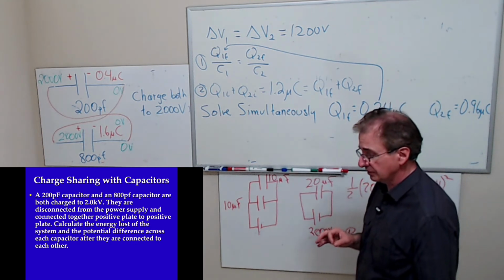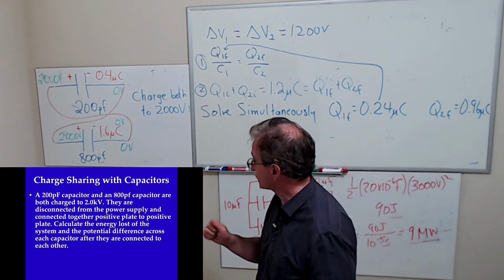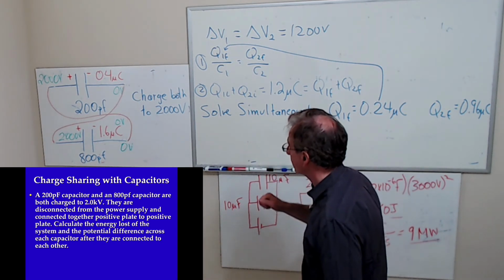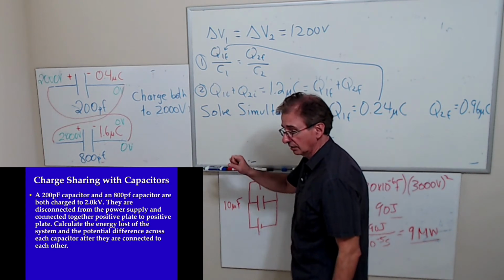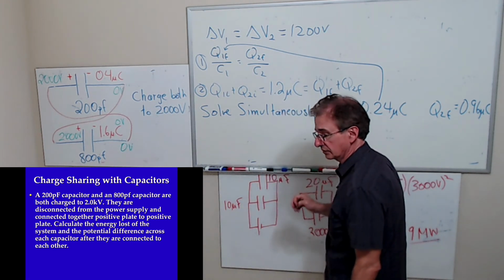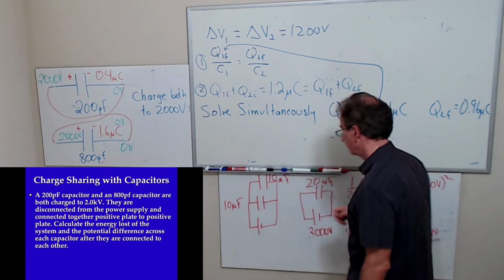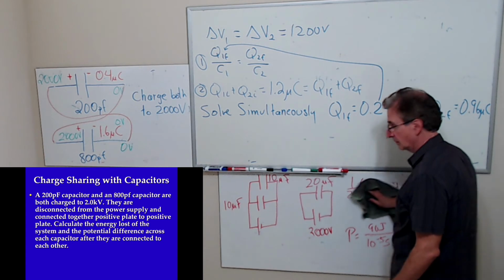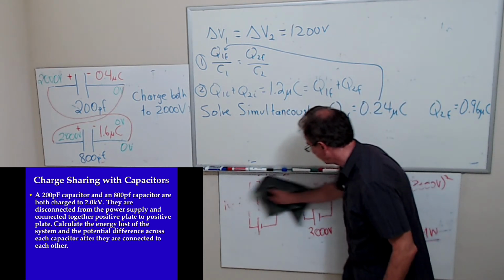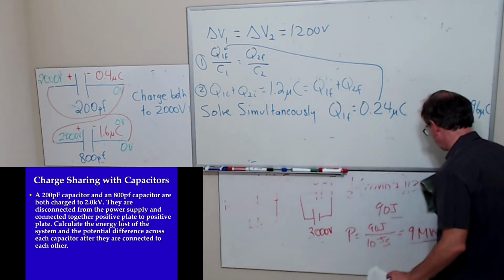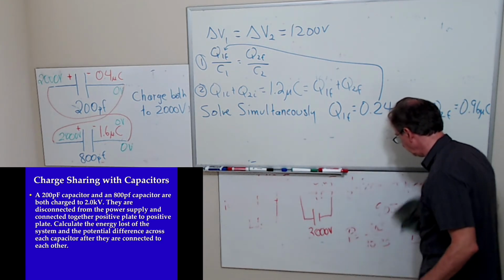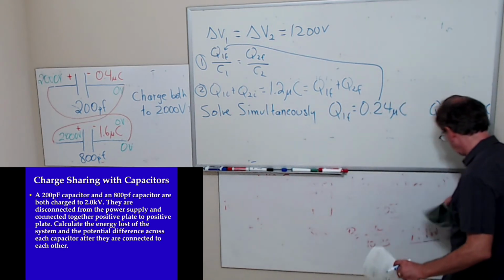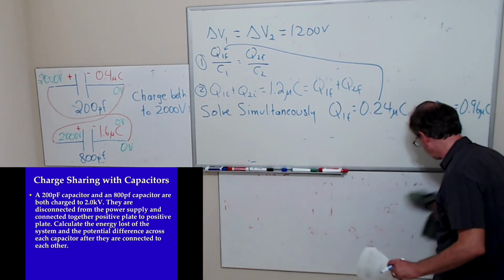The interesting question is, compare the energy stored in the system when I started to the energy stored in the system afterwards. How much energy did I have initially? That was the 2000 volts, right? Yeah, they were both at 2000 volts.